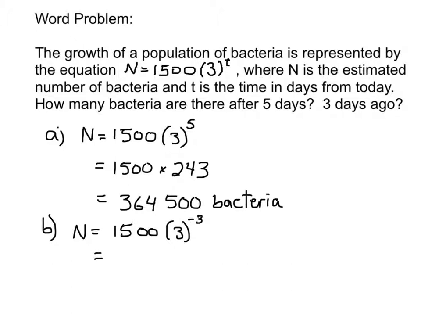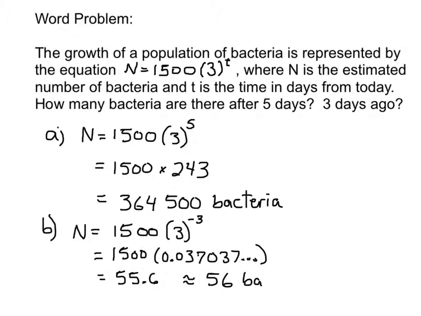Now we can solve this, and 3 to the power of negative 3 is equal to 0.037... We want to use our unrounded number and multiply that by 1500, and we get 55.5 repeated, so 55.6, or approximately 56 bacteria were present 3 days ago.